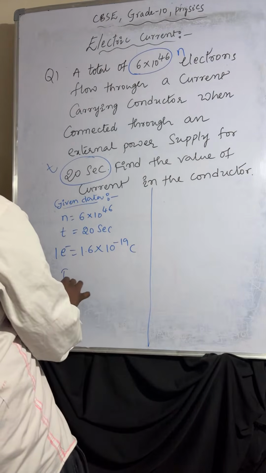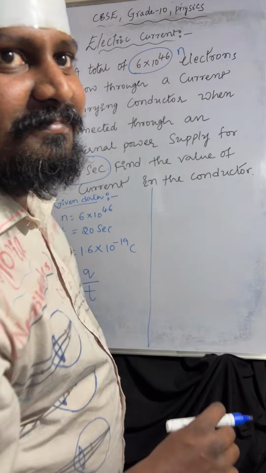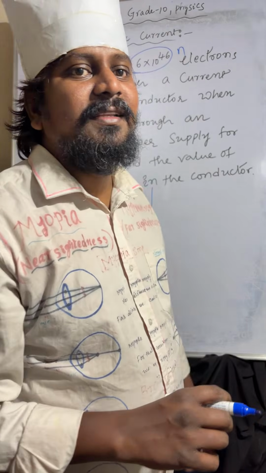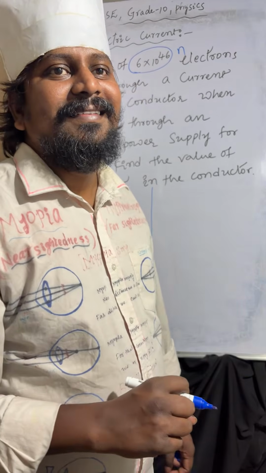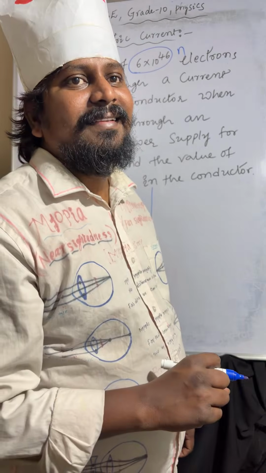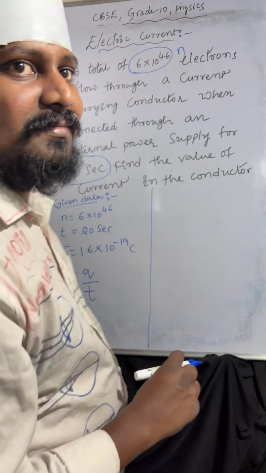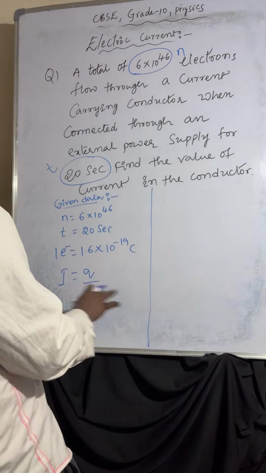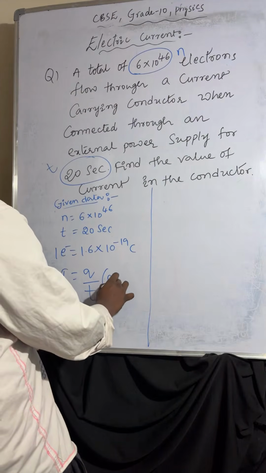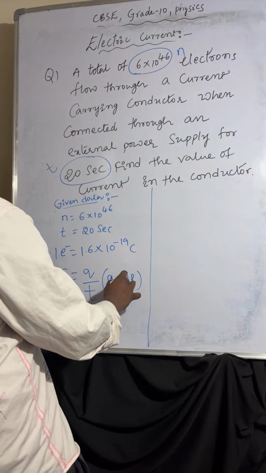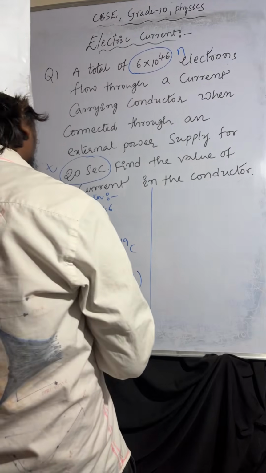So now I equal to Q by T. Now Q equal to n into e.